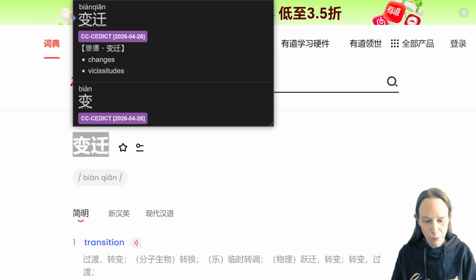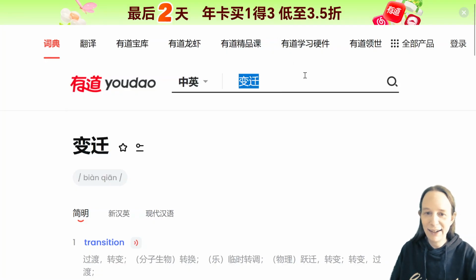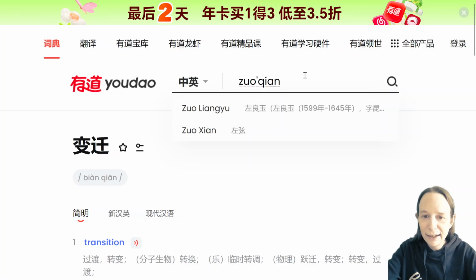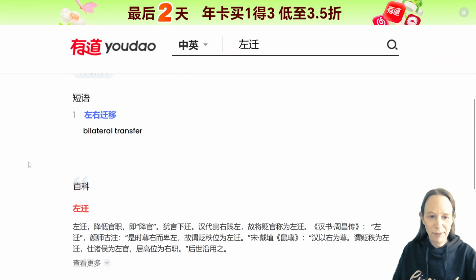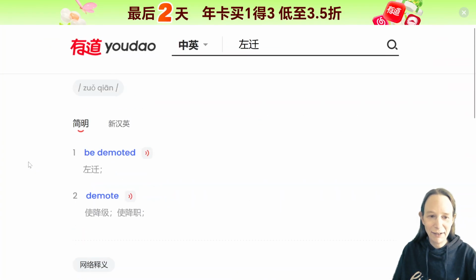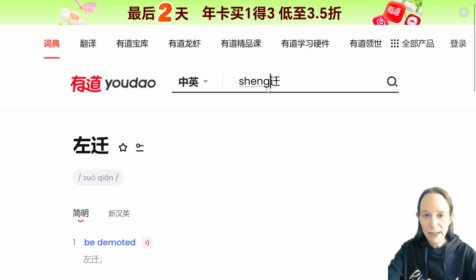Number 3 is 书面语, 官职调动, some sort of official mobilization. 升迁, that character I don't recognize. Demoted? Really?